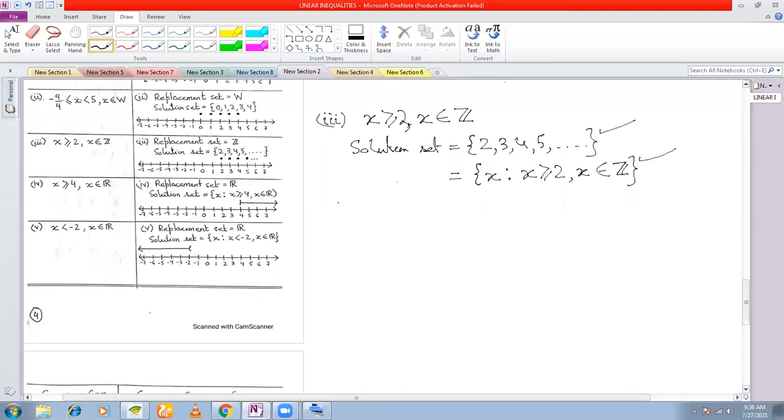Okay. So how do you represent this on the number line?